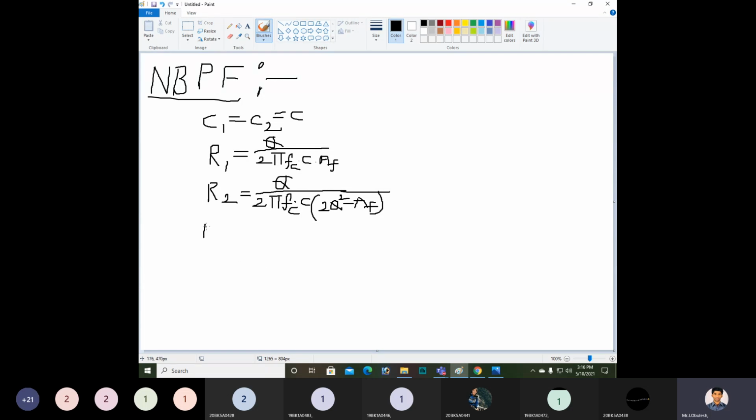Next, R3, the feedback resistor, is equal to Q by pi Fc into C.